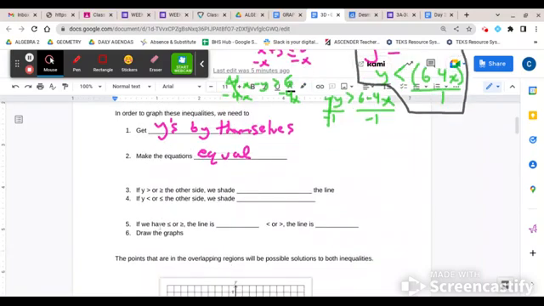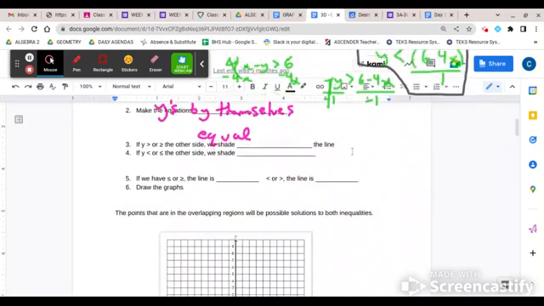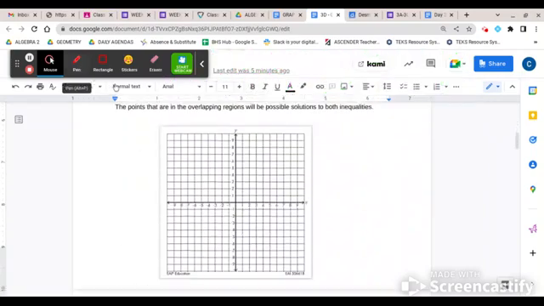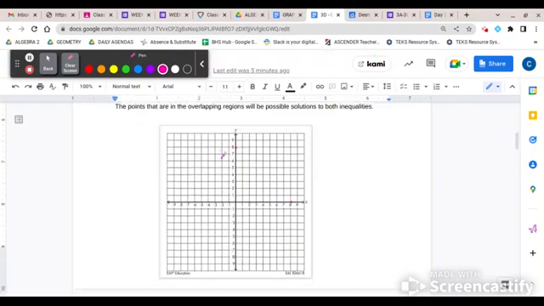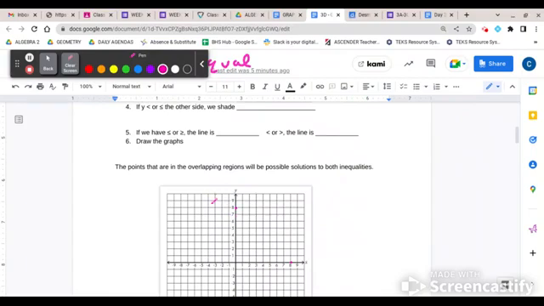So I want to sketch these out on this graph paper first. So we have y equals 8 minus x. So the y equals 8 minus x graph, I believe, is going to look something like this. Yeah, so 8 and 8. And so we're going to have a shaded line here.